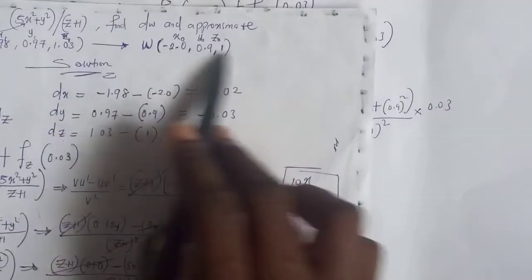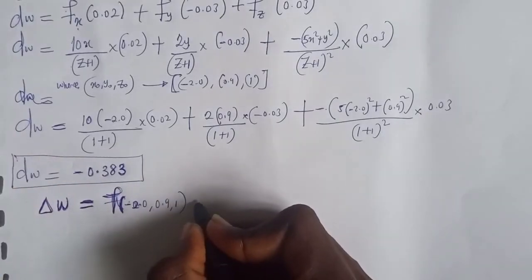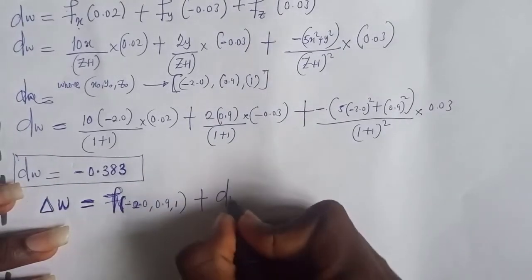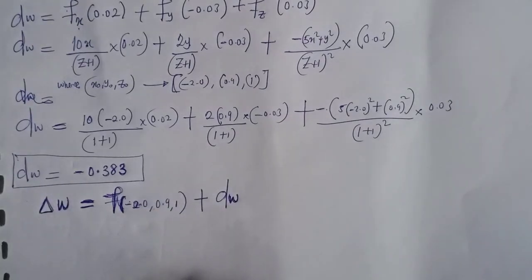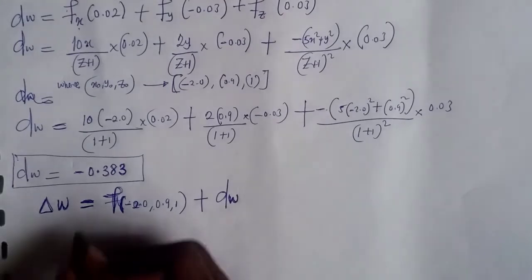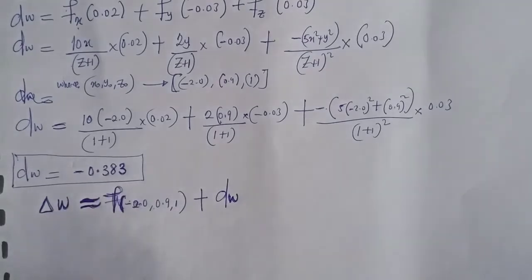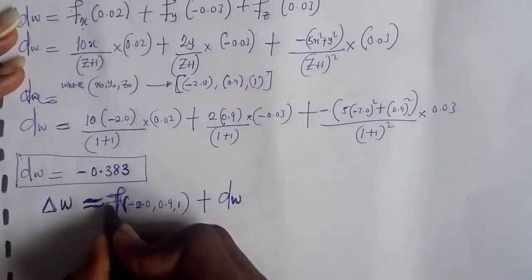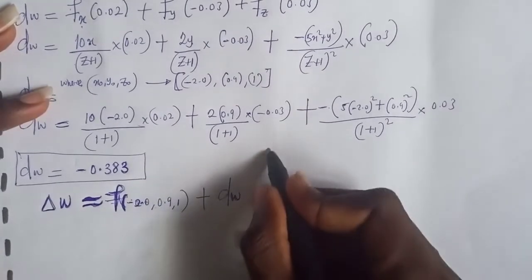Remember that was our initial guess. And remember that the formula is added with the final answer we have as our total derivative. That gives the approximate value. Mind you, it is not always equal, it's always an approximated value. So how do you get f of minus 2.0, 0.9 and 1? That's another thing entirely.